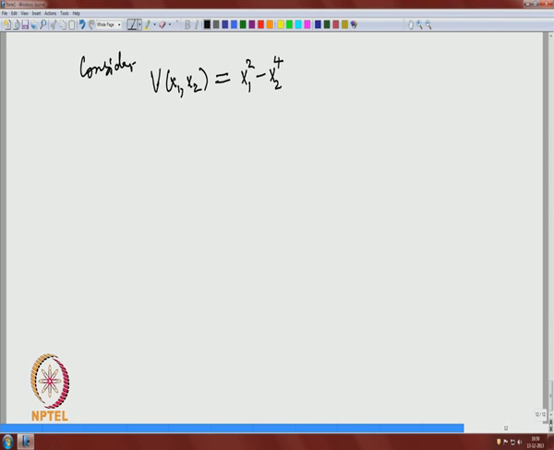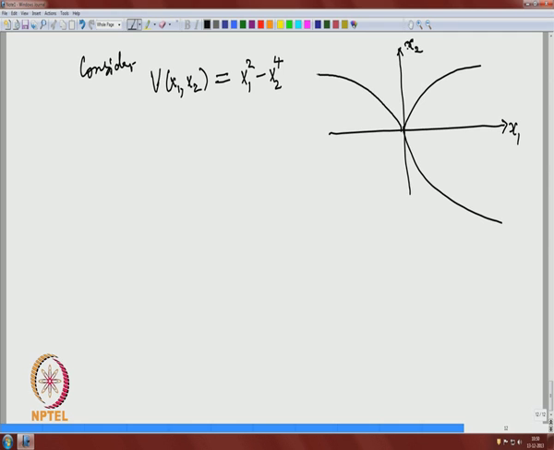Okay. However, if you draw this graph in the x1 x2 plane, sort of parabola, but not exactly parabola, but okay. So, it is something like that. It is symmetric. Okay. So, these are all the points where V is 0.